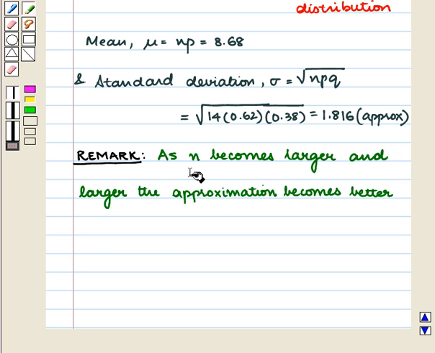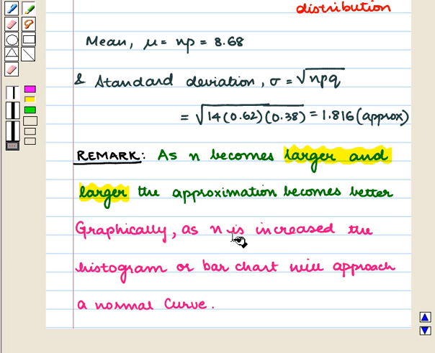Note that as n becomes larger and larger, the approximation becomes better. Graphically, as n is increased, the histogram or bar chart will approach a normal curve.